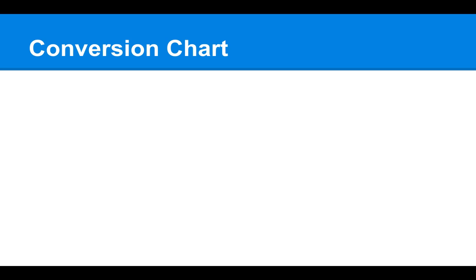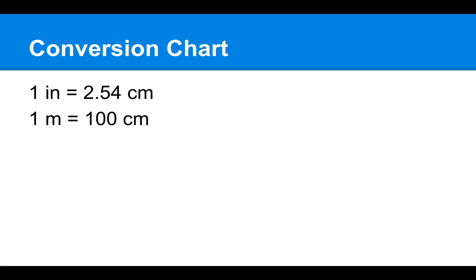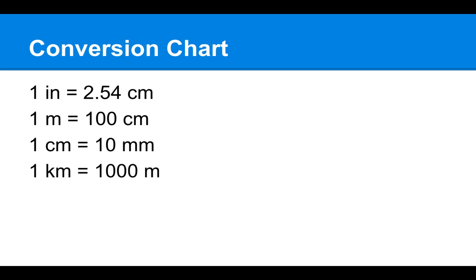The second thing you need to put on your formula sheet is a conversion chart. These are conversions that are going to be standard from one thing to another. So 1 inch is equal to 2.54 centimeters. 1 meter is 100 centimeters. 1 centimeter is 10 millimeters. 1 kilometer is 1,000 meters. 1 foot is 12 inches.